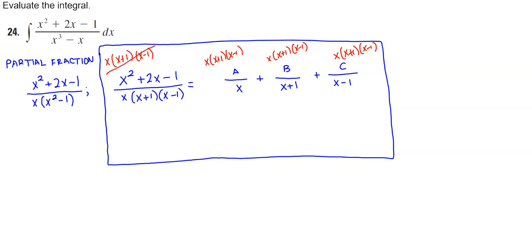So we can see here that on the left side of the equation we can eliminate the entire denominator. For this one we can eliminate the x, this one we can eliminate x plus 1, and then this one is x minus 1.